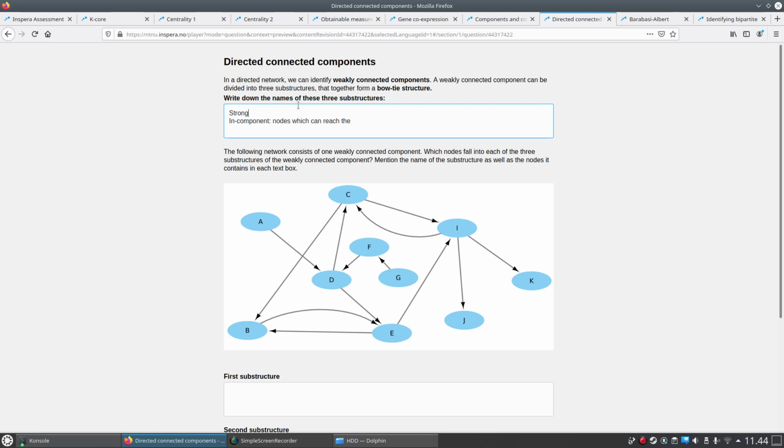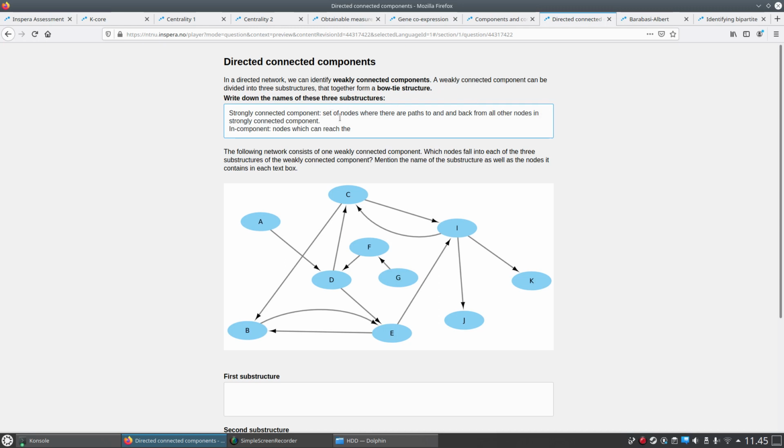So the strongly connected component, and we're not asked to explain what these are, but I will here for the sake of thoroughness, is a set of nodes where there are paths to and back from all other nodes in the strongly connected component.